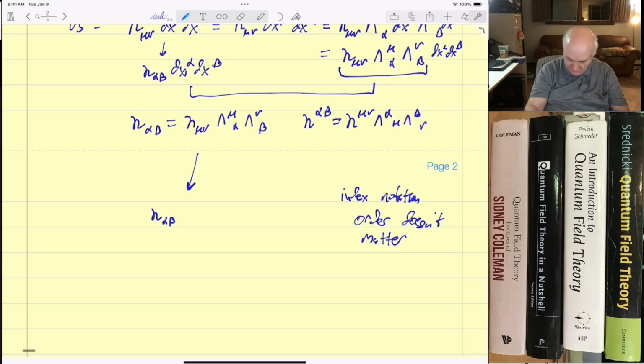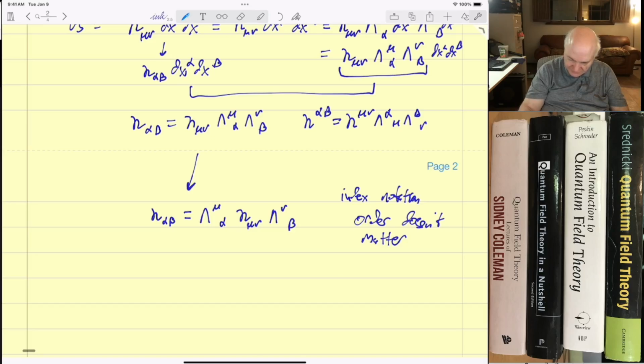Write them in any order you want, since you're working with components, the summation will take care of everything. But here, I'm going to change the order. I'm going to write this as Λ^μ_α η_μν Λ^ν_β. Now this part works out well for matrix multiplication.